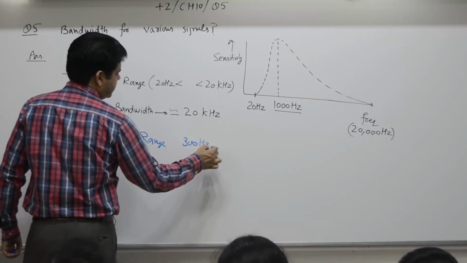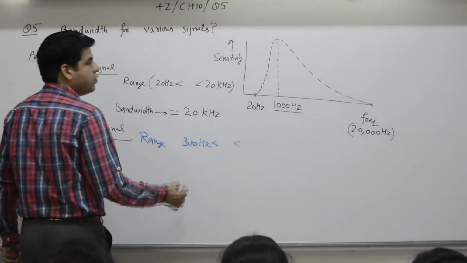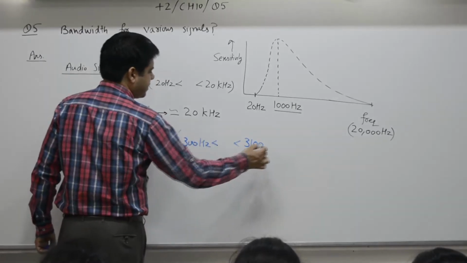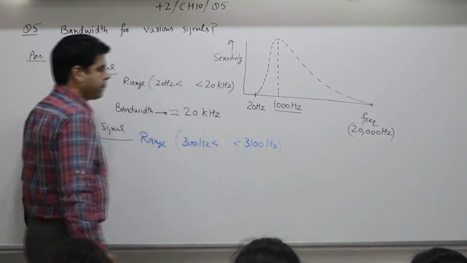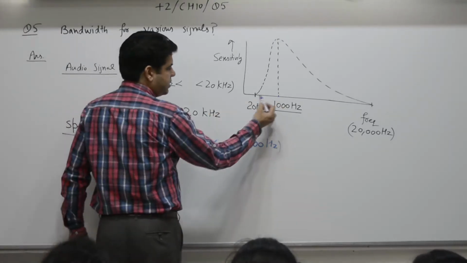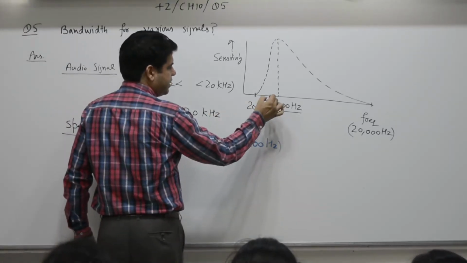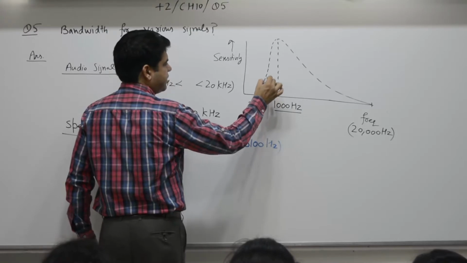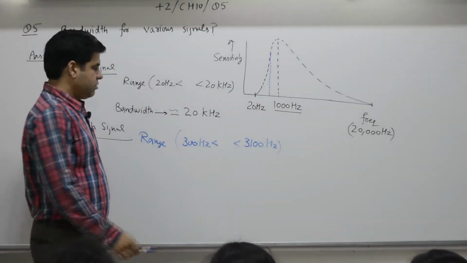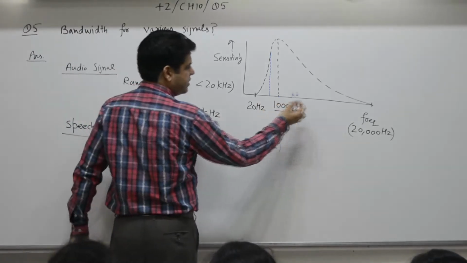300 hertz to 3100. Even if you remember 3000, it won't make much difference on the graph. Yes, 300 hertz. This is 20, this is 1000, this is 3000, this is 20,000.